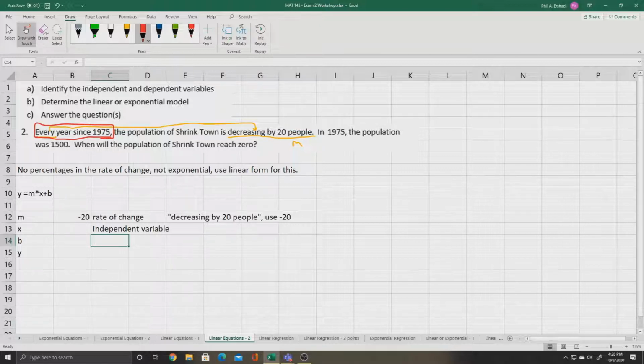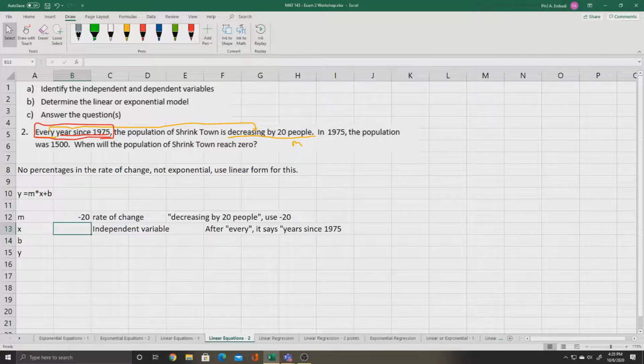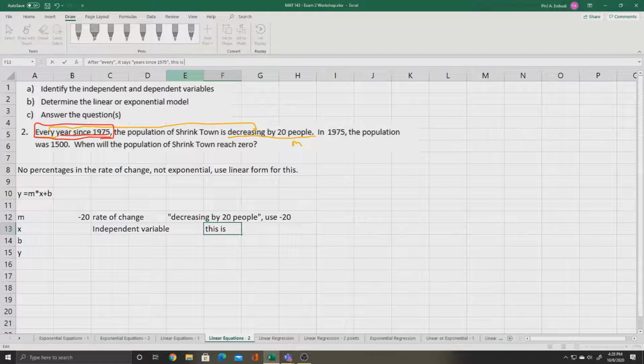So that's what comes after the every, and it says years since 1975. Now here's the thing. It didn't tell us how many years since 1975 we have. So this is unknown.